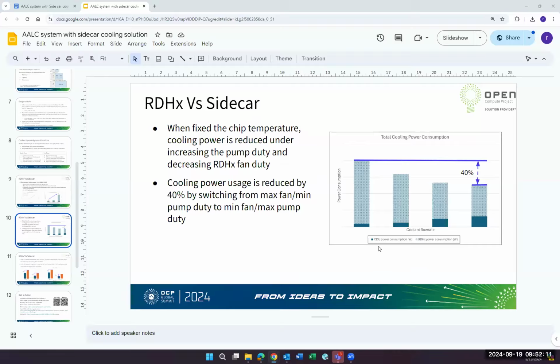Okay, so this is compared for both CDU and rear-door heat exchanger, and you're saying for the rear-door heat exchanger the total power consumption goes down, and for the CDU the total power consumption goes up. Is that right? Yeah, that's correct.